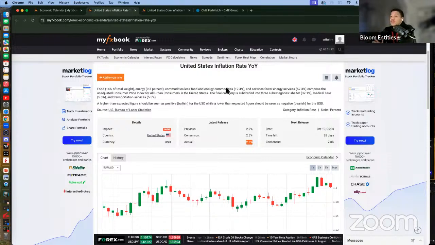Previous year 2.9, the forecast was 2.6, which is what they wanted to see it at. It was 0.1% less than their consensus, which isn't substantially off, but it is still worse than what they wanted it to be.